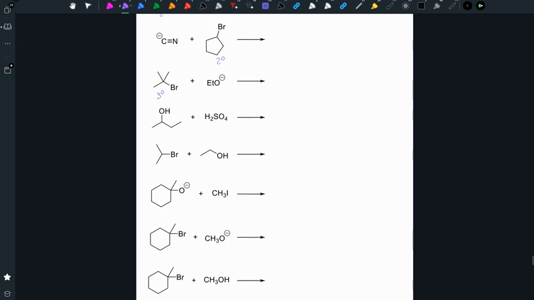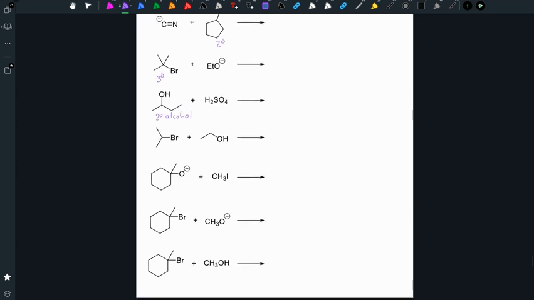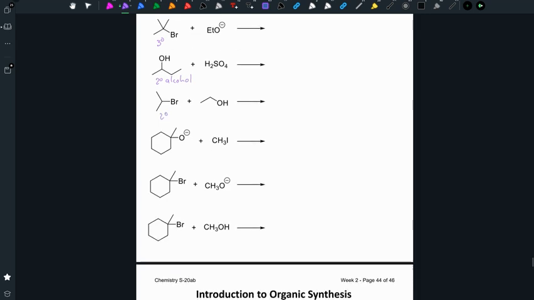So the first thing I'm going to do is characterize each of my substrates. Identify whether they're leaving groups on a primary, secondary, or tertiary carbon, or methyl.